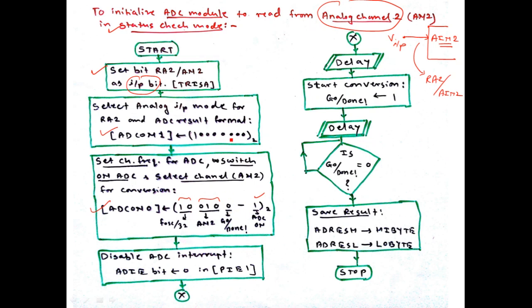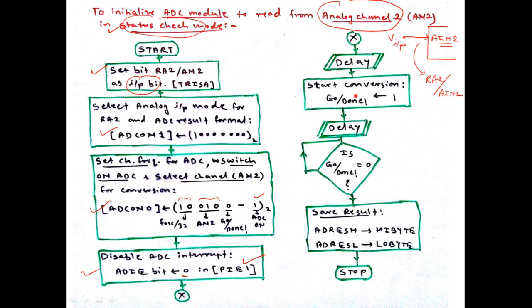Okay, so once this is done, then disable the ADC interrupt, because here we want to operate in the status check mode. We don't want to use the interrupt, and therefore the ADC interrupt enable bit in the PIE register, we have discussed this, should be reset. Then the ADC interrupt will be disabled.